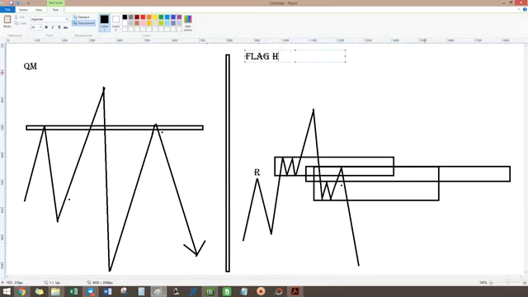So flat has two types. Okay, one flat, the first one, flat which are created by the break of SNR.